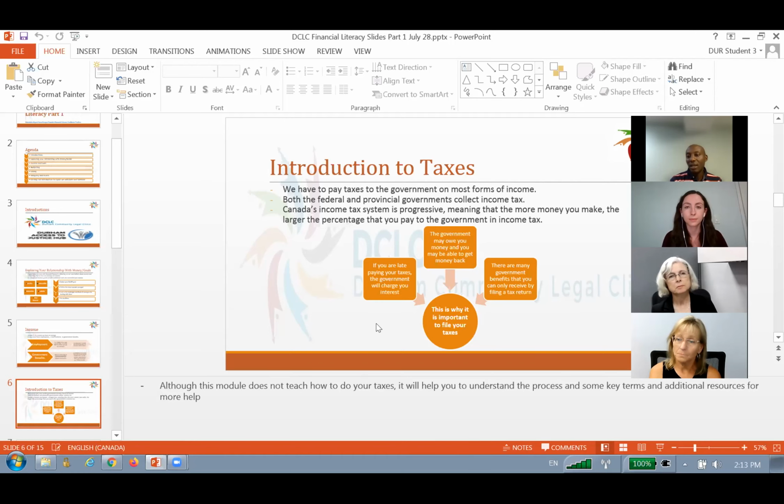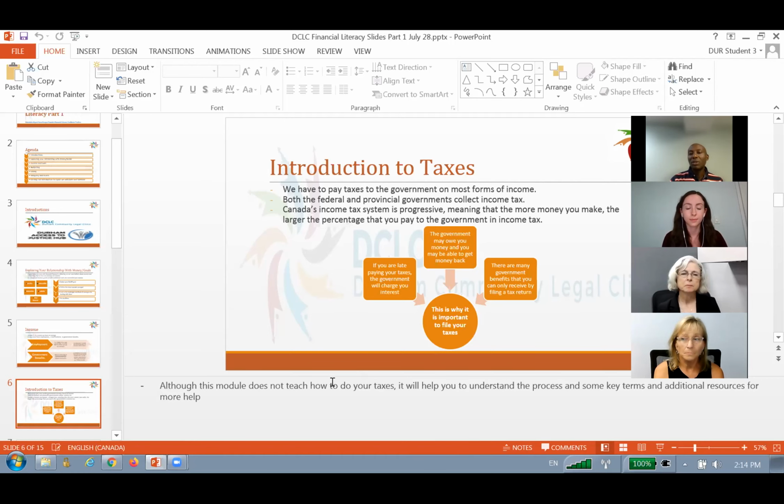And lastly, and not least, there could be the government benefits, as I talked about before, that you are entitled to. If you don't file your taxes, then you may not be able to take advantage of these benefits, which will obviously boost your income.